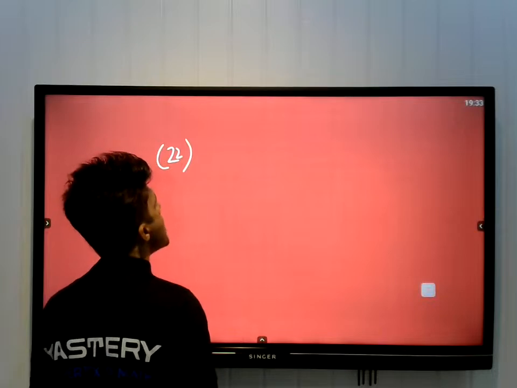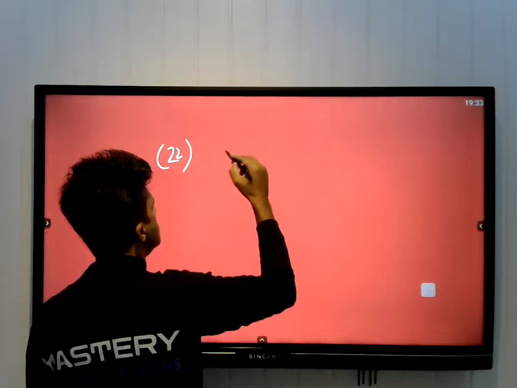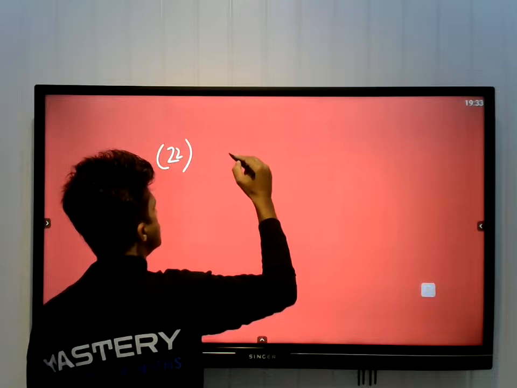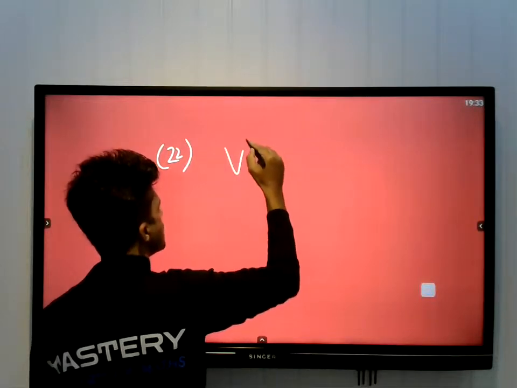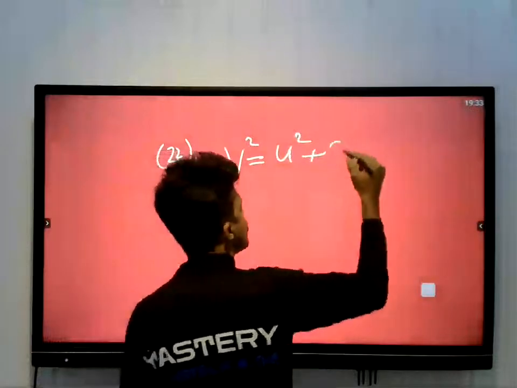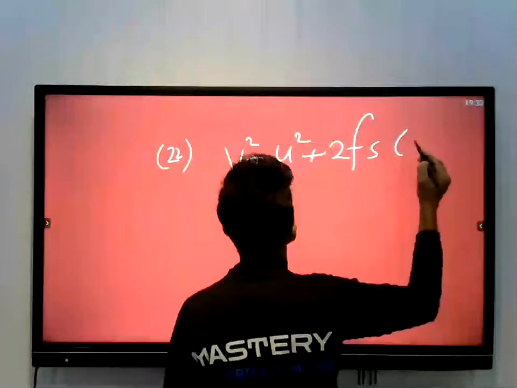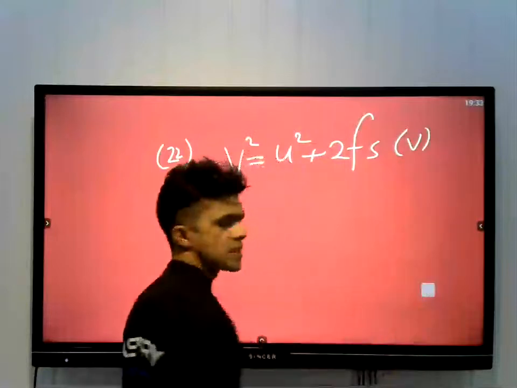22nd one. V squared equals u squared plus 2fs. How do we write the term v as the subject?